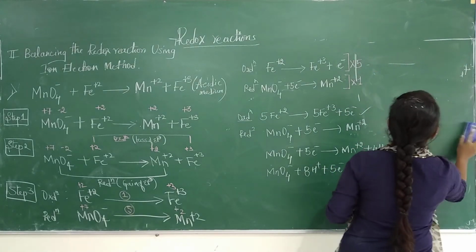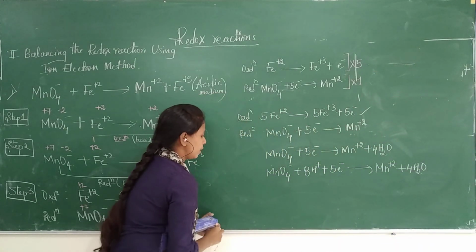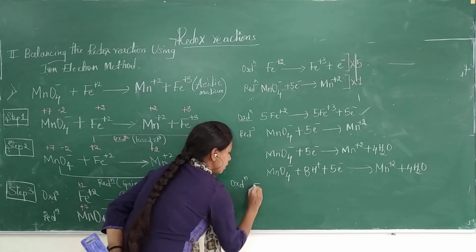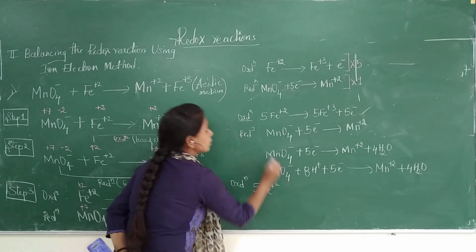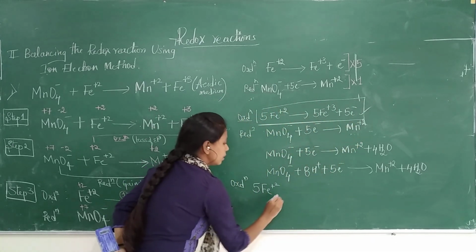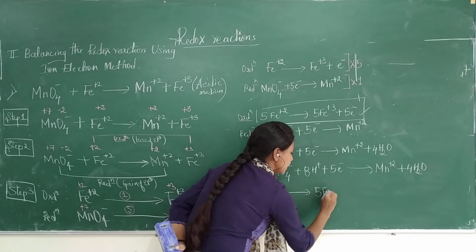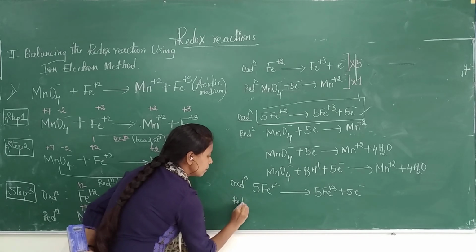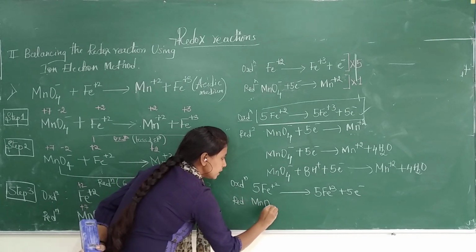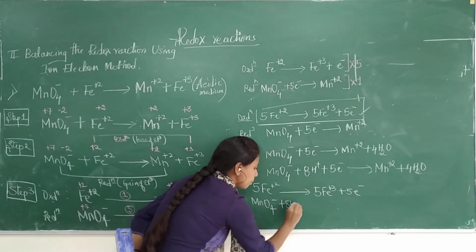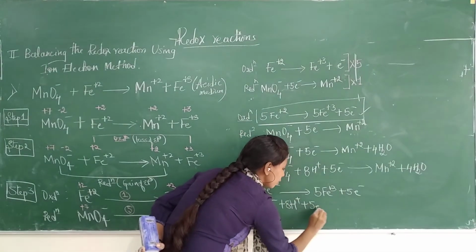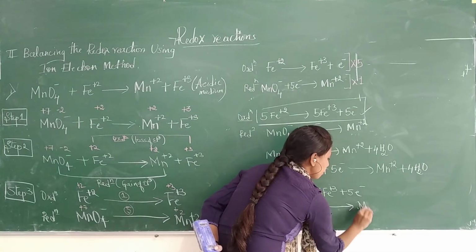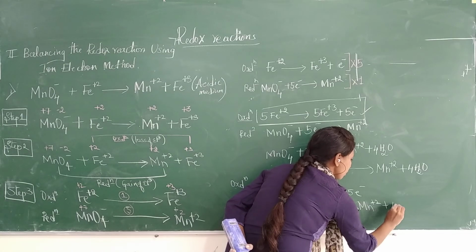See here, our oxidation half reaction is 5Fe plus 2, which gives out 5Fe plus 3 plus 5 electrons. Reduction: MnO4 minus plus 8H plus plus 5 electrons gives Mn plus 2 and 4H2O.